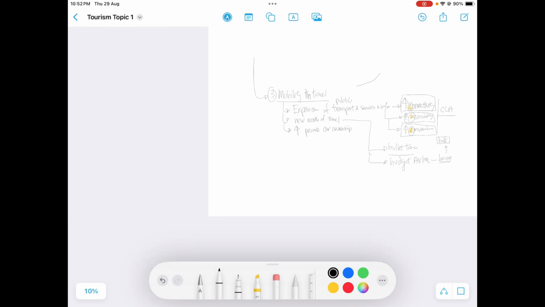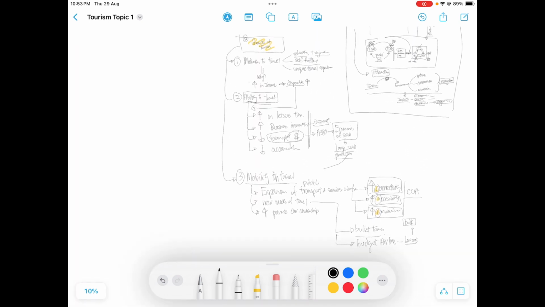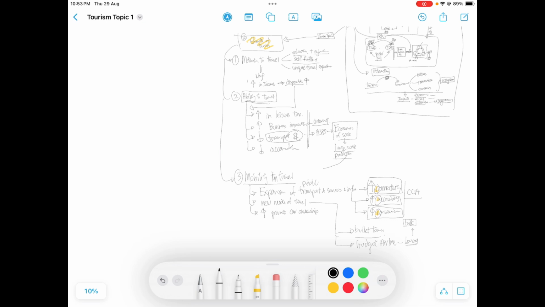So at the end of the day, you need to understand that these factors are important. These three factors led to the growth of tourism.